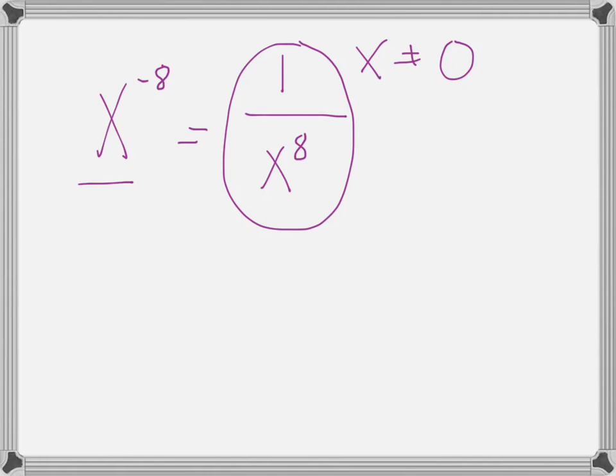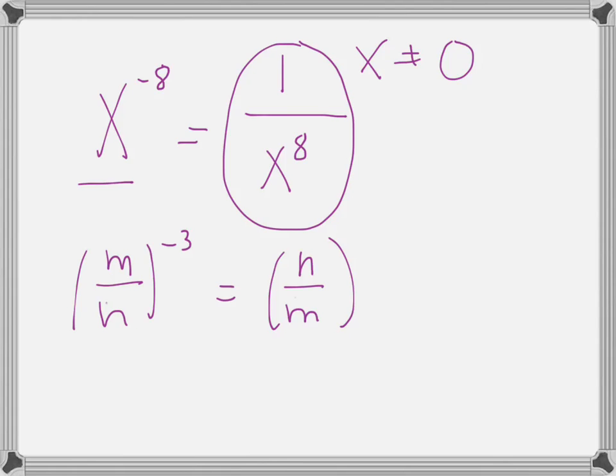Okay, or similarly, you might be asked to write something like this with a positive exponent. And you'd have to know, well, the rule for fractions is you reciprocate the base. Oops, that's an n on the bottom there. You reciprocate the base, so you would have n over m, and you'd raise that to the positive 3rd power.